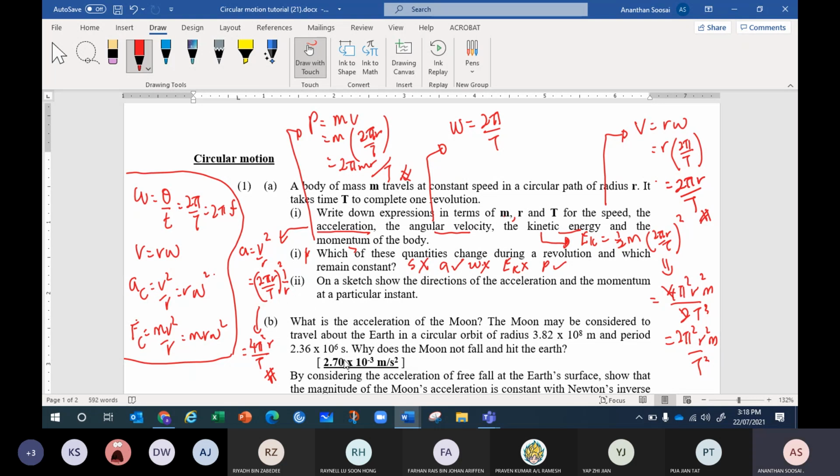Okay, third one. On a sketch, show the direction of the acceleration and the momentum at a particular instant, at any moment in a circular path. Okay, how to show this?